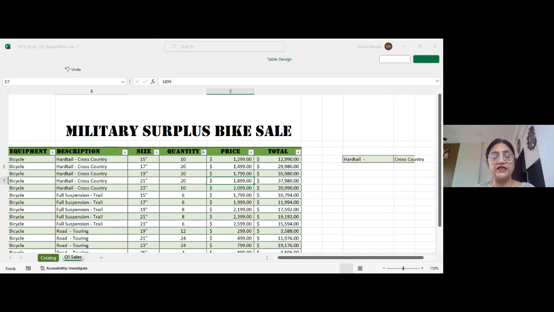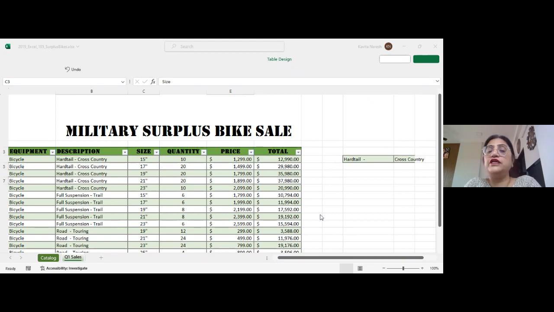Suppose you want to find size, press enter. Then it shows me where the size is written, but it does not return it back to me. It is only showing me. So we don't want to only find; we want it to find and return back to us.